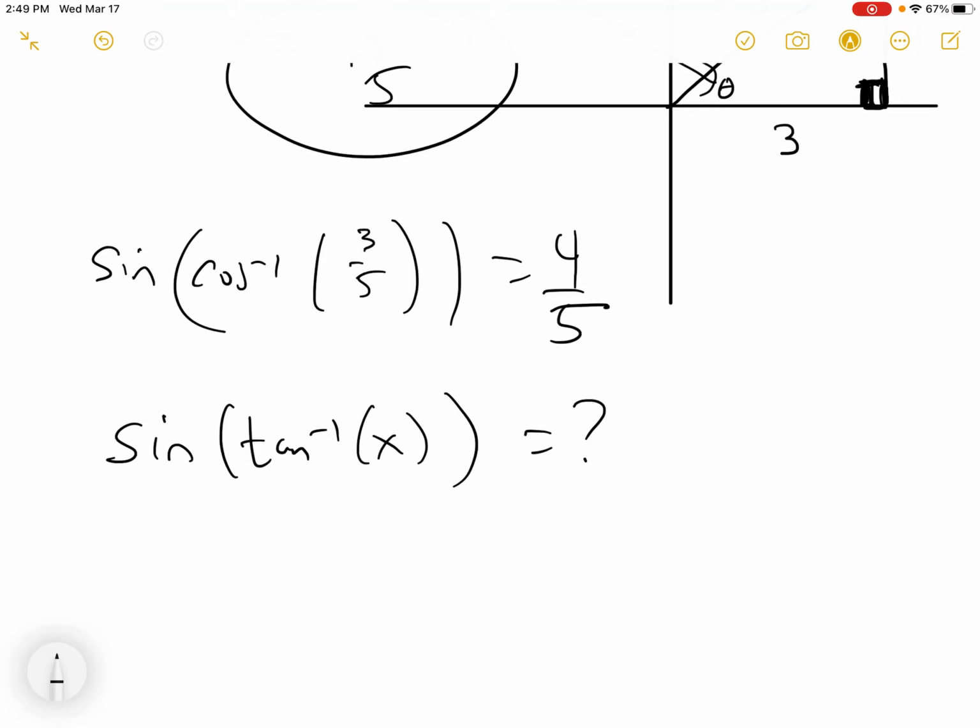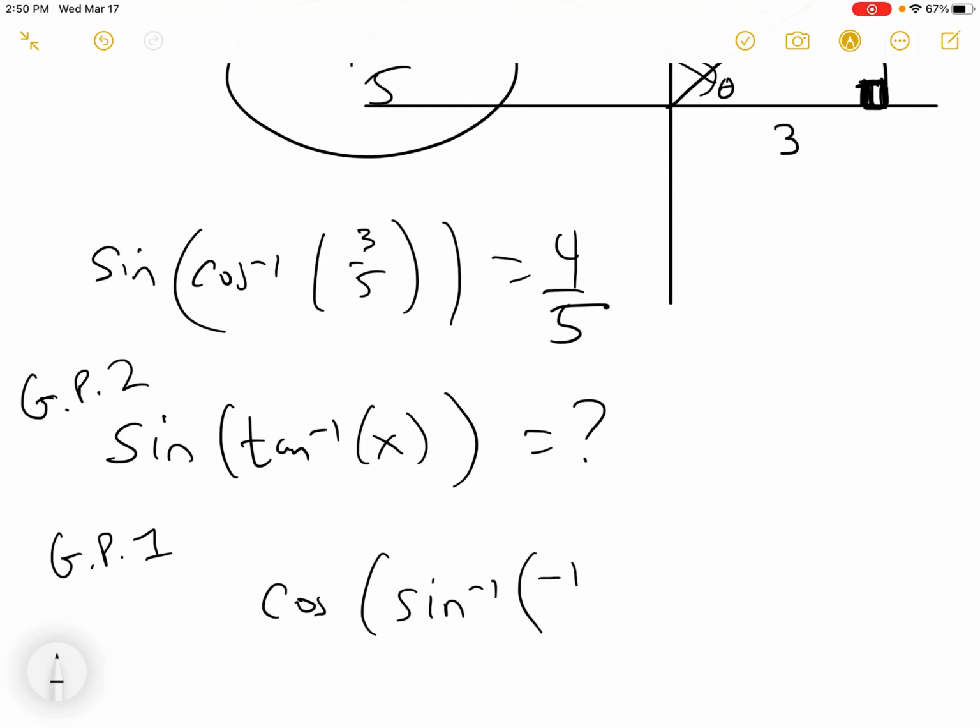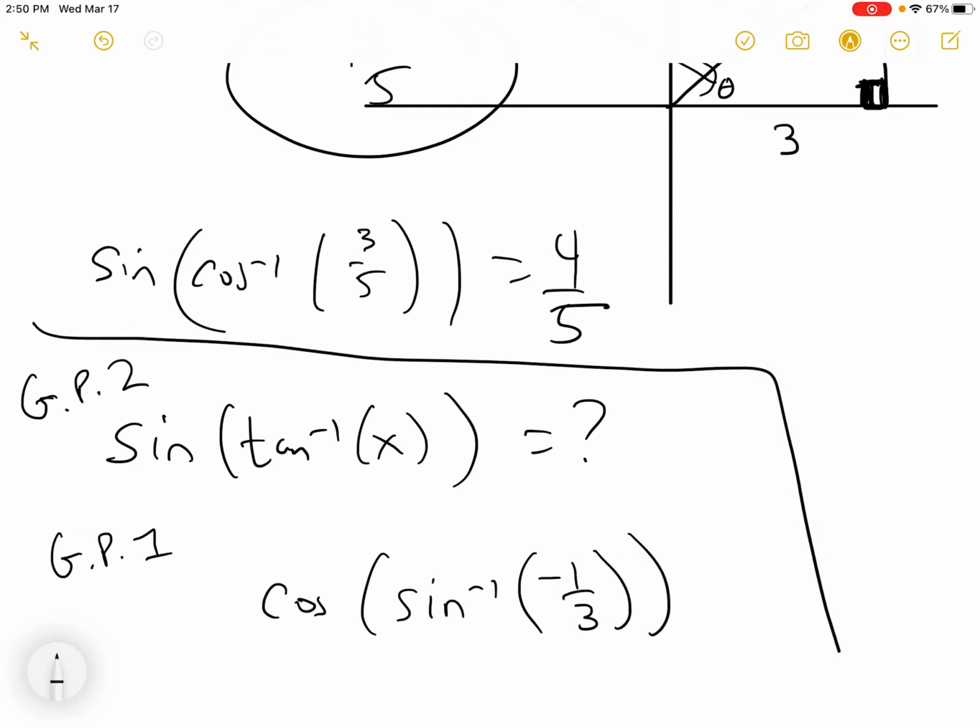I'll make this a guided practice. Make that number 2 and make this number 1. What is the cosine of the sine inverse of minus 1/3? So here's your 2 guided practices, and I will see you in a minute.